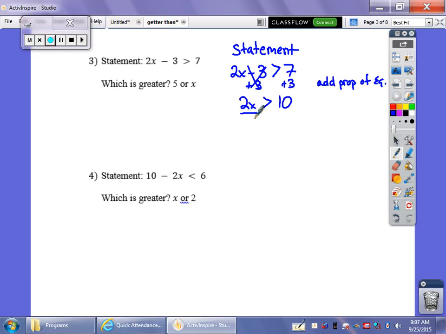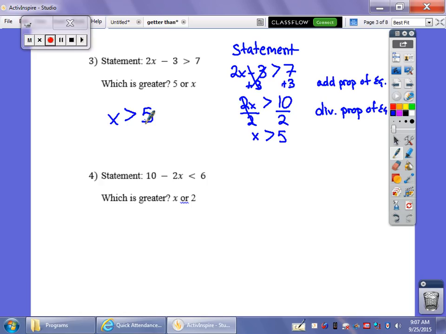Then the next thing we do is we divide. So x is going to be greater than 5. And this is our division property of equality. It allows us to divide on both sides. So now the statement that we have says x is greater than 5. Well, which is greater? 5 or x? X is greater than 5.